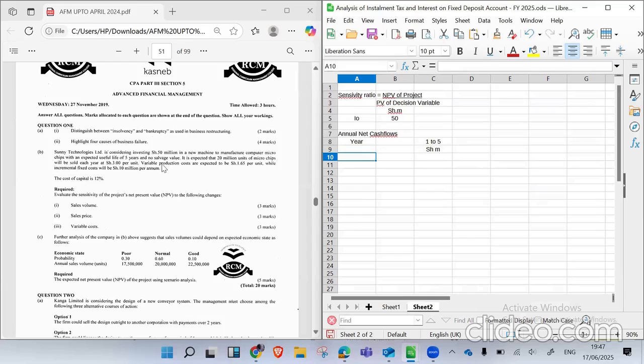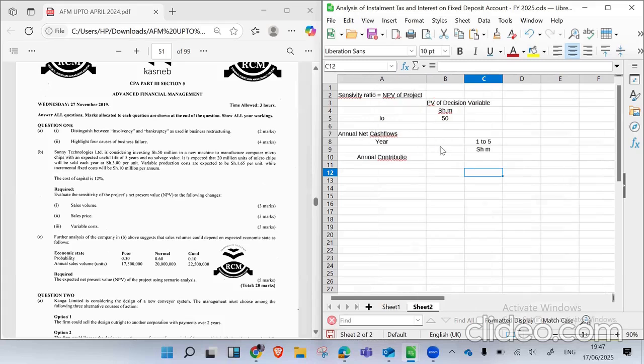So each year we are going to produce and sell 20 million units of microchips being sold at 3 each. So I can actually start with annual contribution. Our contribution margin: selling price per unit is 3, variable cost per unit is 1.65, and we are going to sell 20 million units.